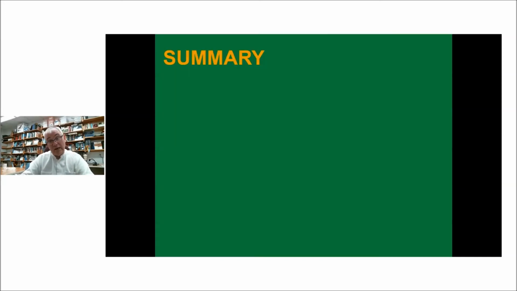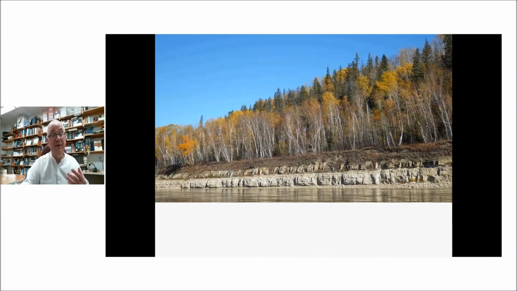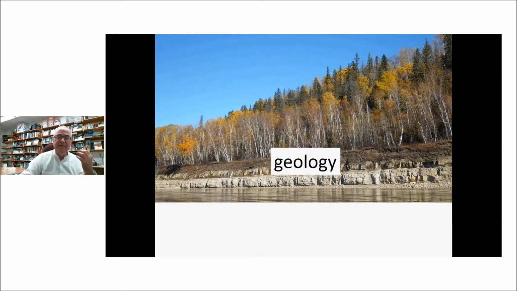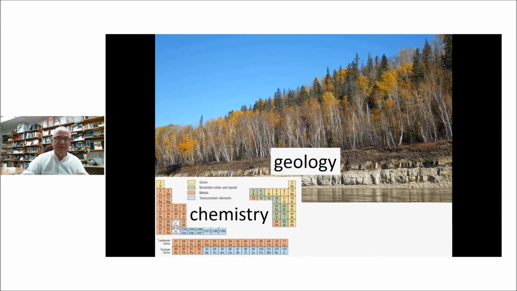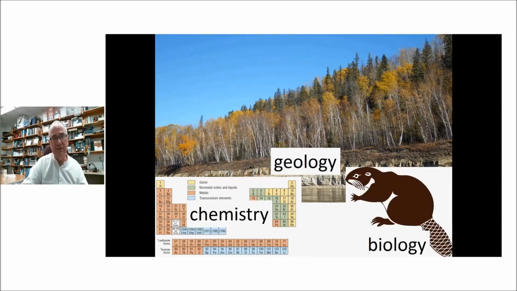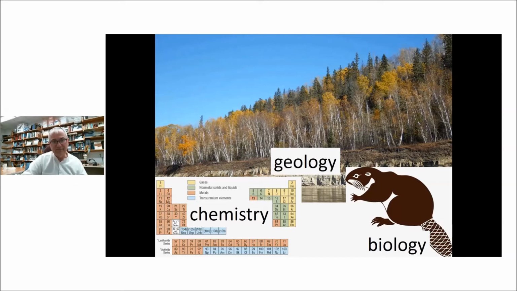To summarize, if we want to understand trace elements in the environment, it's very important to understand the geology, and then it's very important to understand the chemistry of the individual elements, and of course, biological transformations.